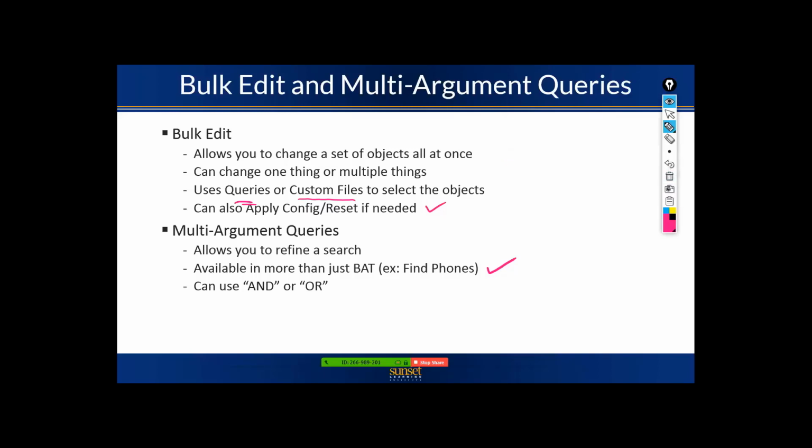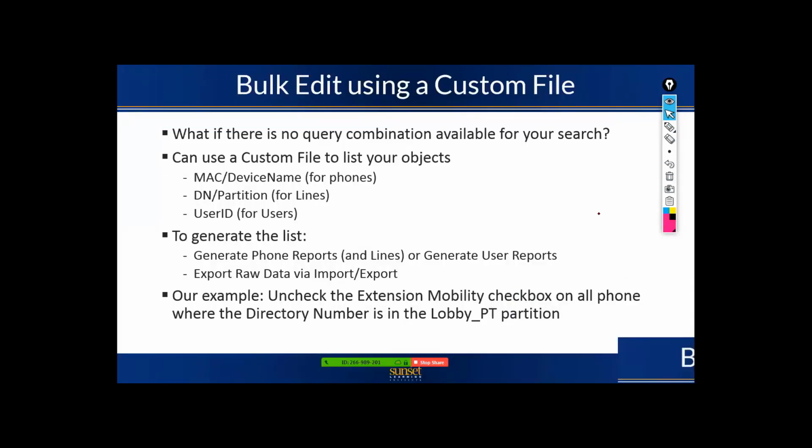Now, the other half of this has to do with this custom file I was just mentioning. What is that about? Well, what if there is no query combination available for the thing that you want to do? The example we're going to do in our lab today is that I need to locate all of the phones where the directory number is in the lobby partition, and I need to make sure that the extension mobility checkbox is unchecked.